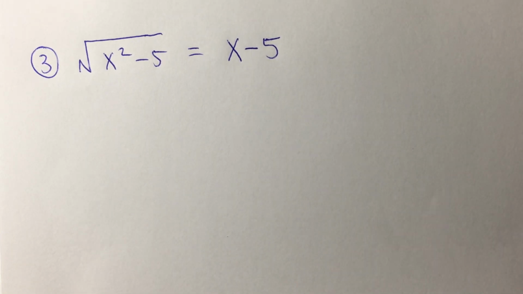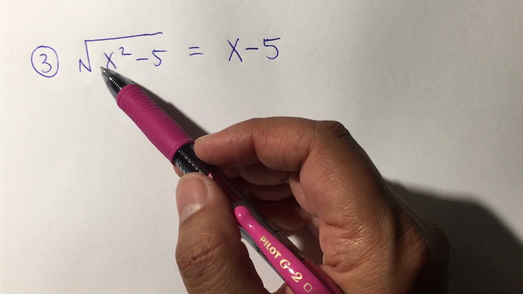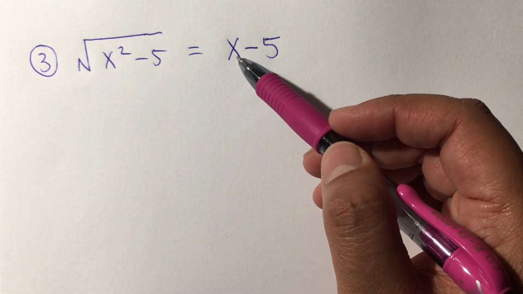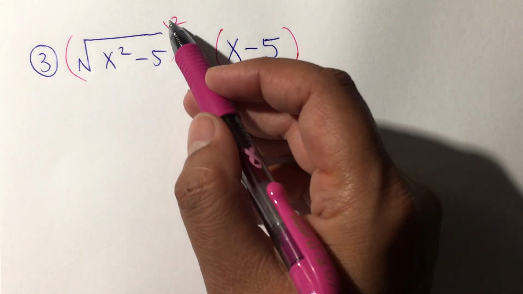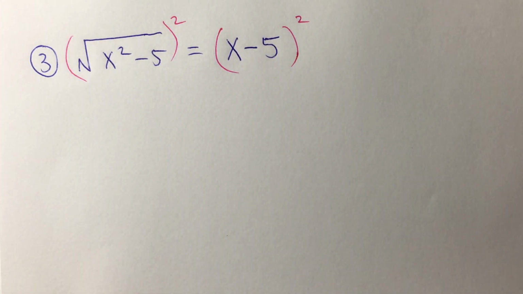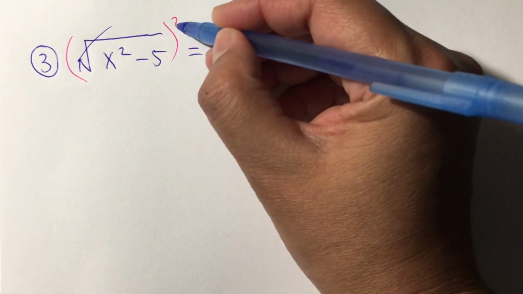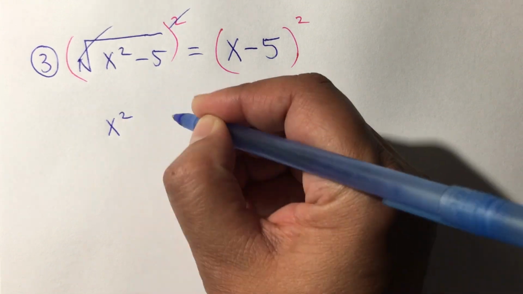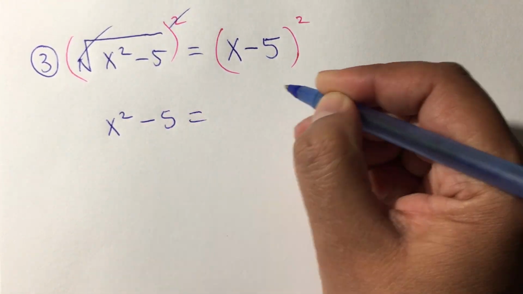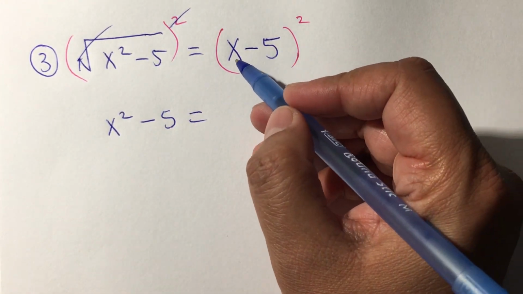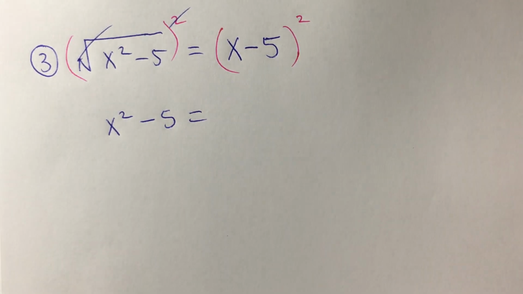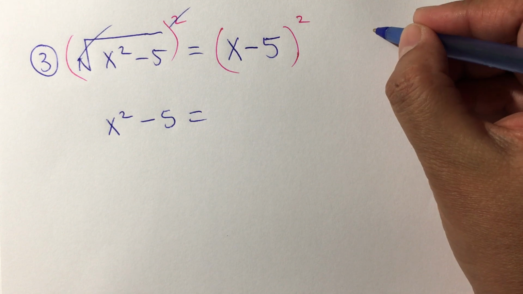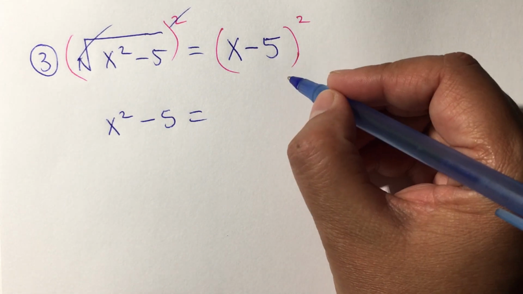Okay, for number 3, you can see that you have variables inside of the radical and outside of the radical. So the first thing that we're going to do is get rid of that radical by squaring both sides. And so this cancels, and so we get x squared minus 5 equals. Now, because we have a binomial, some people will say, oh, x squared plus 25, but no. In here we have to be very careful because it's a perfect square.